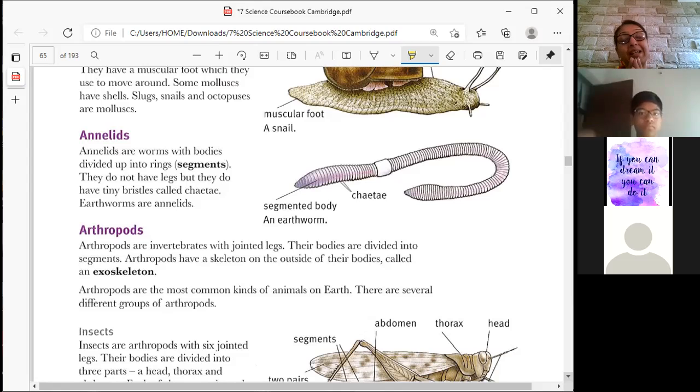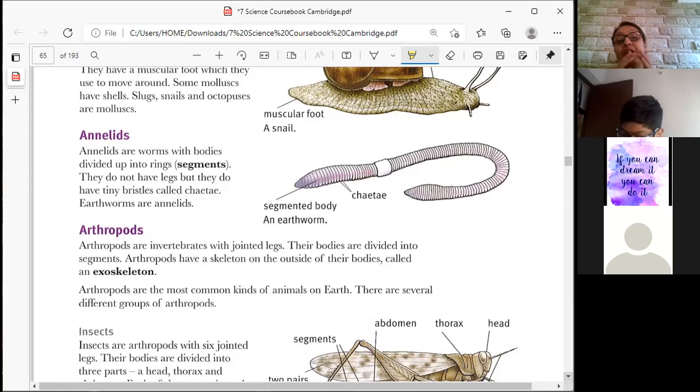So I repeat, we are doing the second group of invertebrates, that is annelids, and we say annelids are worms with bodies that are divided up into rings, and these rings can be called segments. They do not have legs, but they have tiny bristles called chaetae. These are tiny hair-like things which help them to move.